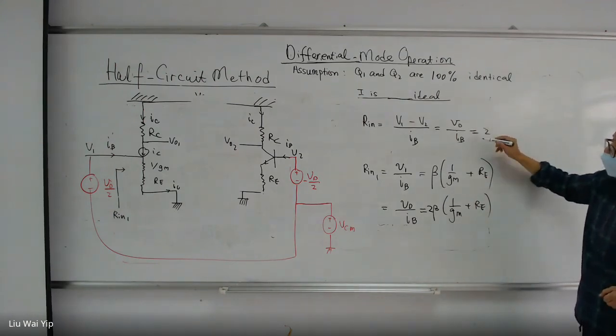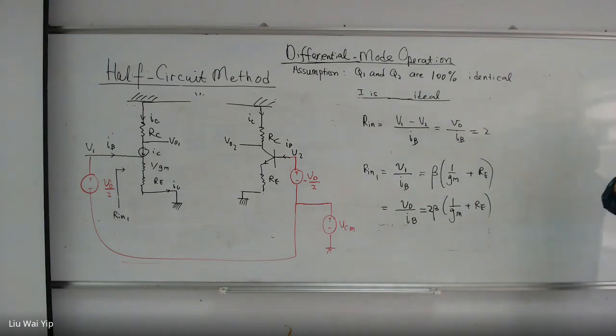So for the differential mode, the input impedance will be scaled by 2. For the common mode, the input impedance will be scaled down by 0.5, half.